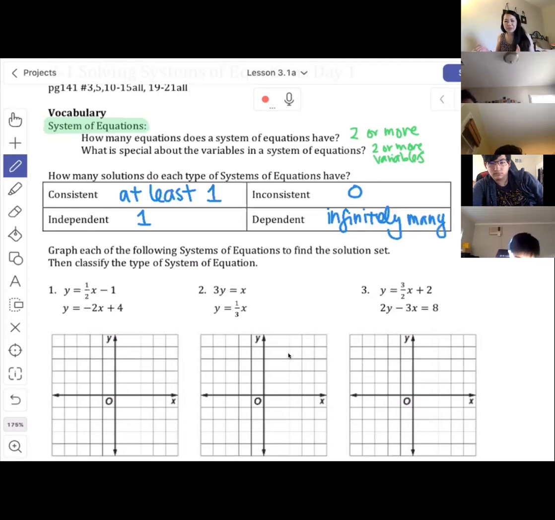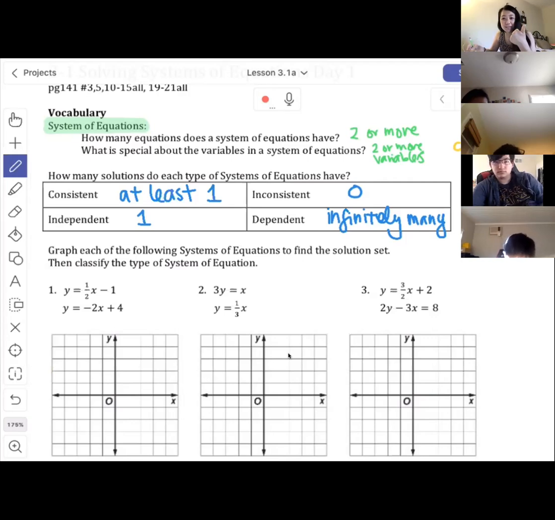All right, so let me show you some quick sketches of these situations. If I have graphs of the 2 equations that intersect at one point like this, this is considered consistent and independent, because there's one solution to that system. It intersects at one point.